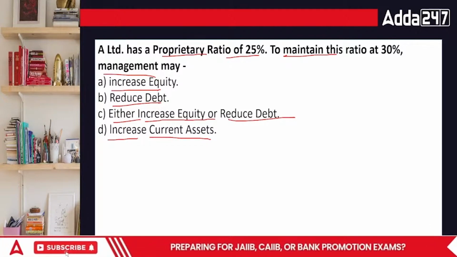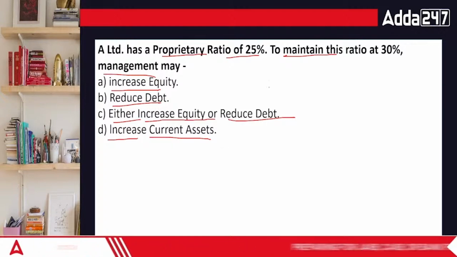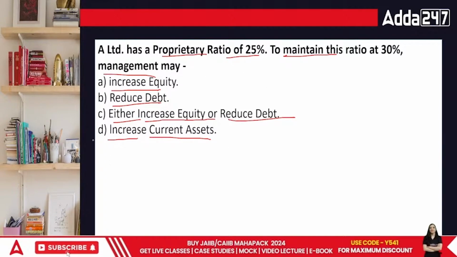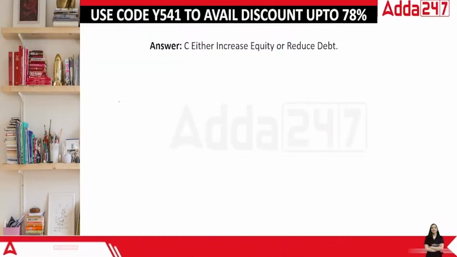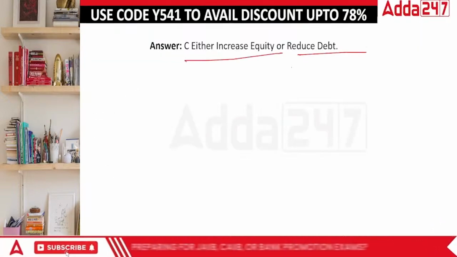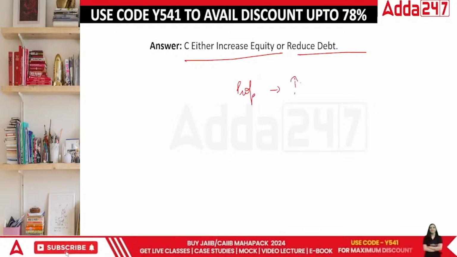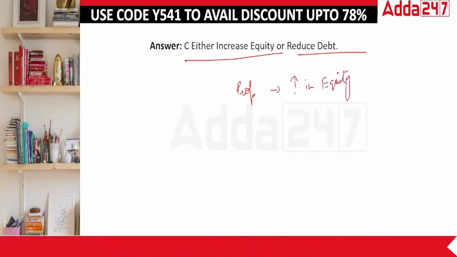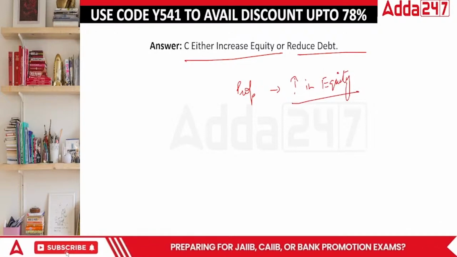He's trying to find out his portion in the business. So when we talk about the proprietor ratio, this is basically going to talk about either increase in the equity or in the debt. Proprietary ratio talks about the increase or decrease in equity. Equity means the ownership of the businessman in this business itself.